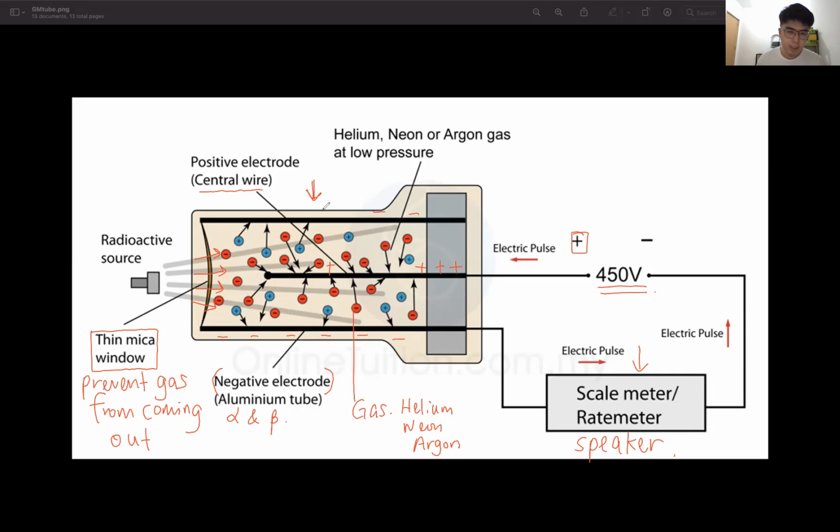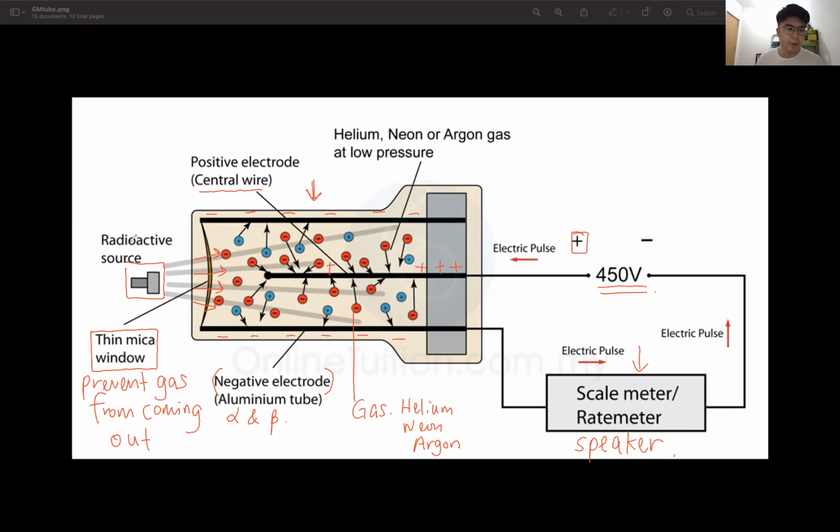Okay, how it works. Now we look at how the GM tube detects radioactive substances. This is your radioactive source. It can be a rock or any radioactive material, uranium. Even a rock is also radioactive. Later I'll talk more about it.